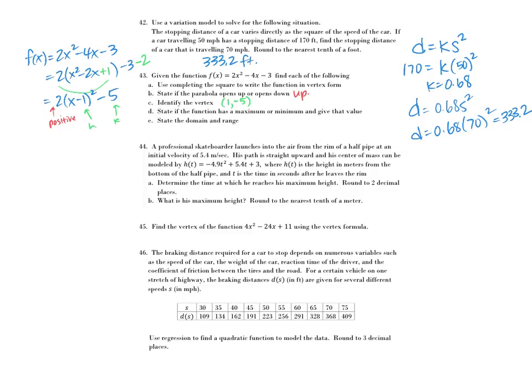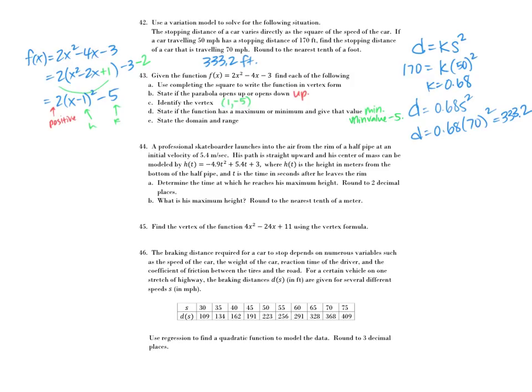And then state if the function has a maximum or minimum and give that value. So since it opens up, it has a minimum. And the value is negative 5, because that's the y coordinate.